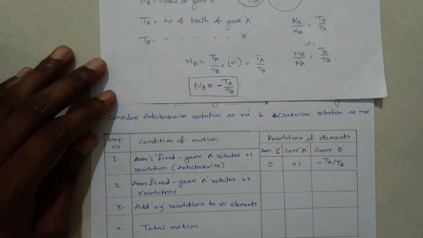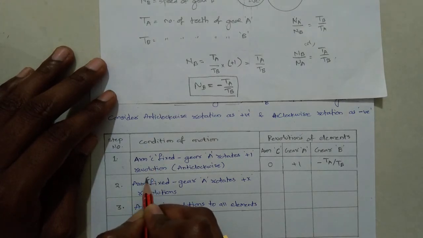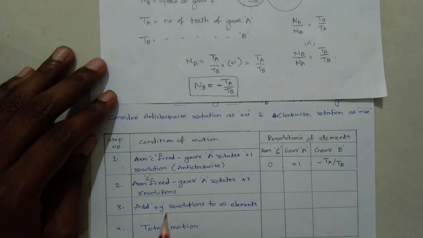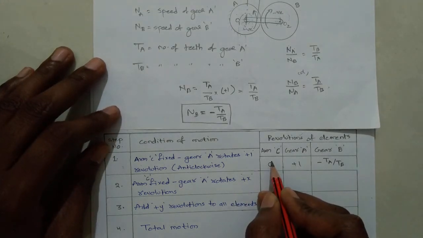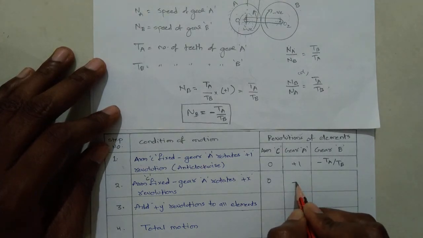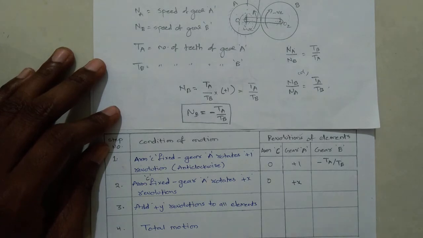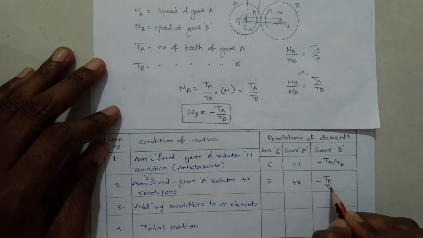Next, you can see the second point here. Again, arm C is fixed, and gear A rotates plus X revolutions, meaning instead of 1 revolution it is rotating X revolutions. Plus indicates it is rotating anti-clockwise. Arm C is fixed, so again it will be 0. Instead of plus 1, we write plus X, and here minus TA by TB into X. Why have I written X here?